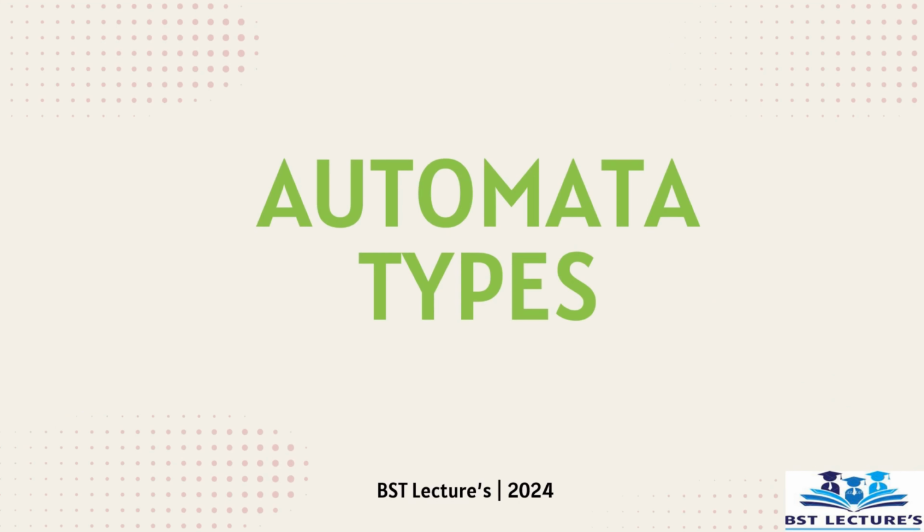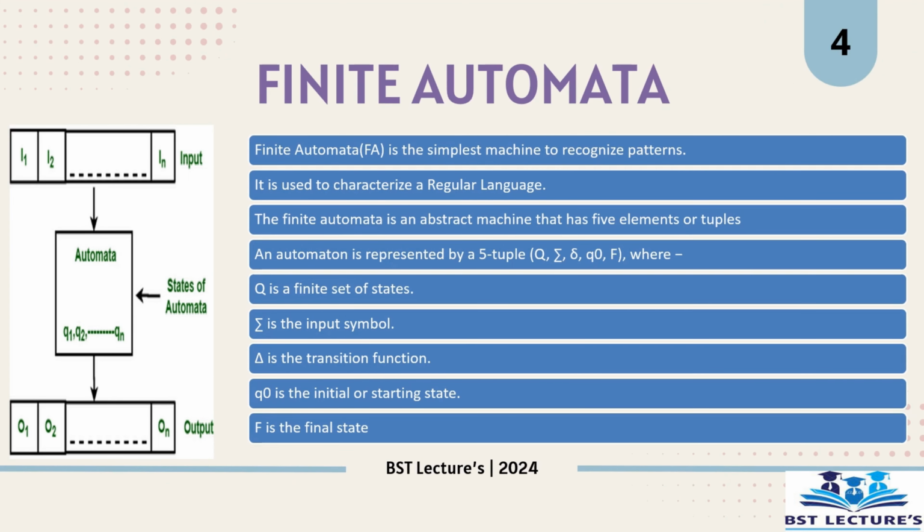Automata types. Finite automata. Finite automata is the simplest machine to recognize patterns. For every machine, suppose let us take a washing machine, which contains some particular pattern or some particular design in it in order to wash the clothes.